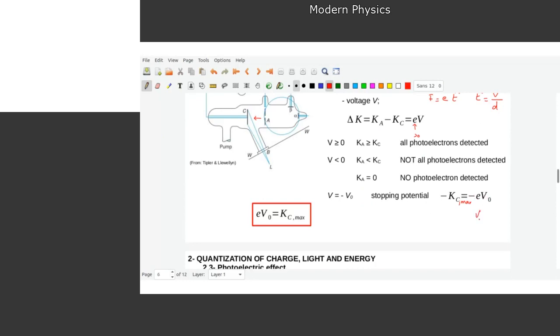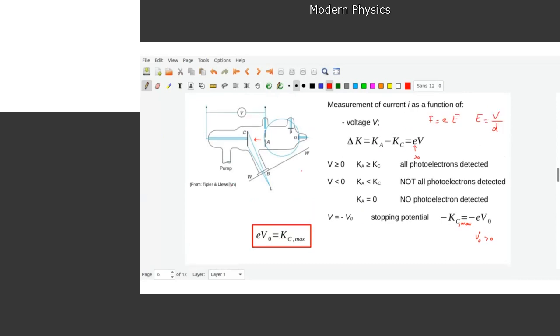Because I want V0 positive. So the applied voltage actually is minus V0. And so the final equation is this one: e, the elementary charge of the electron, times the stopping potential, both positive values, is equal to the maximum kinetic energy of the photoelectrons.